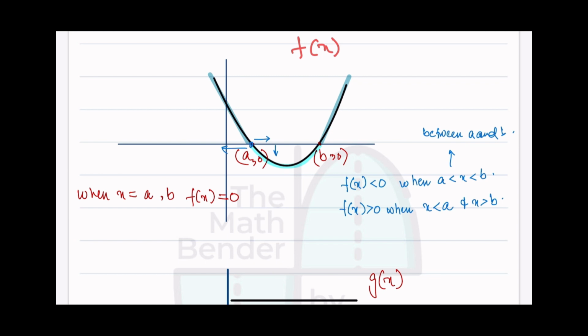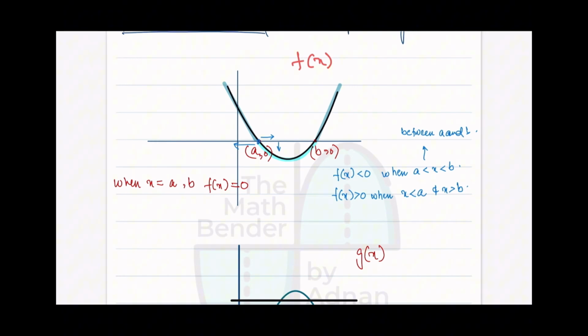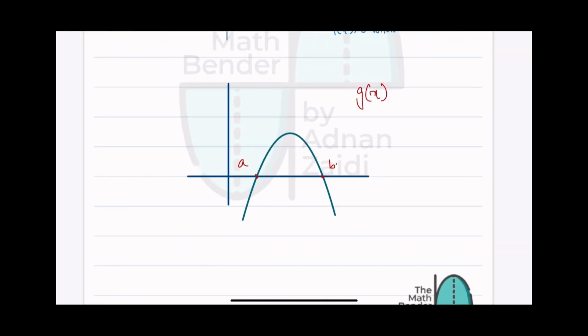When x is more than b, and when it is less than a, the curve was above the x-axis and it was positive. This is all you need to know about inequalities. It's just that the shape of the curve changes.